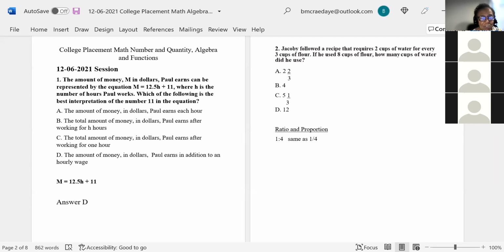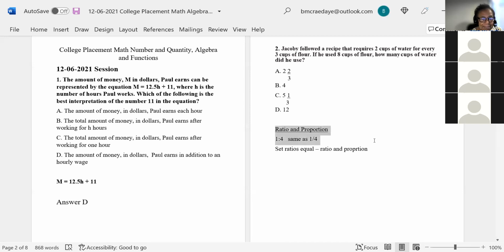But when you set two ratios equal, that's called ratio and proportion.